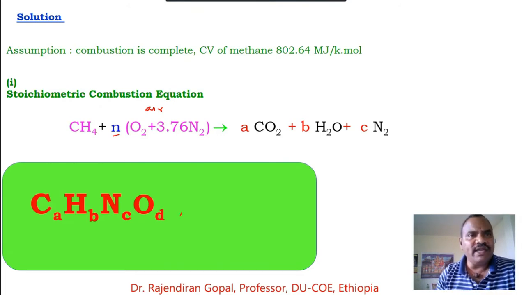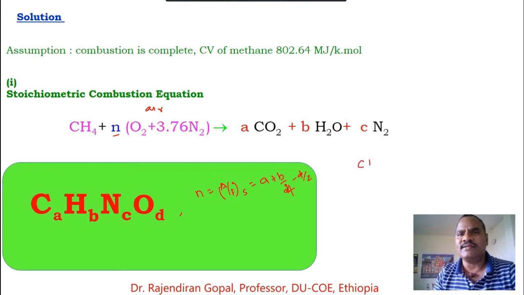We know that for any fuel which has a molecular formula CaHbNcOd, the stoichiometric air fuel ratio is equal to a plus b by 4 minus d by 2. In this case, methane is CH4, so the stoichiometric air fuel ratio is equal to 1 plus 4 by 4 minus 0, that is equal to 2.